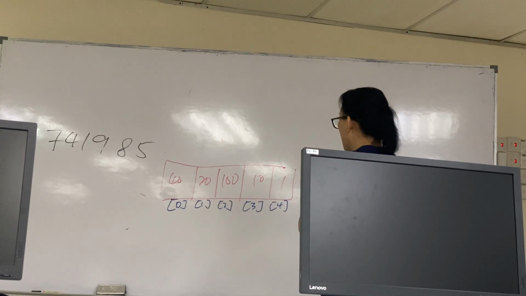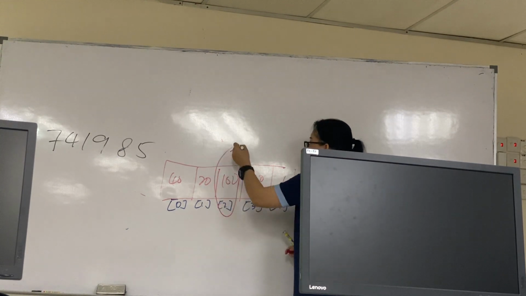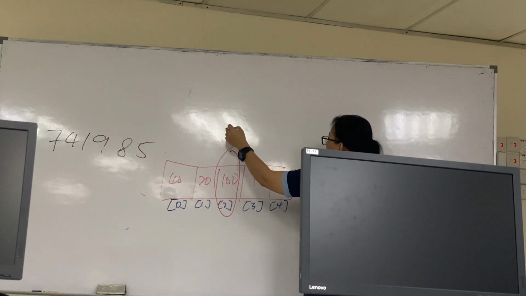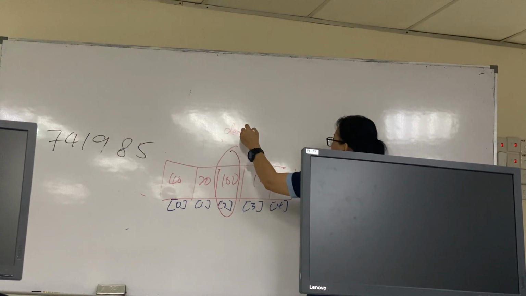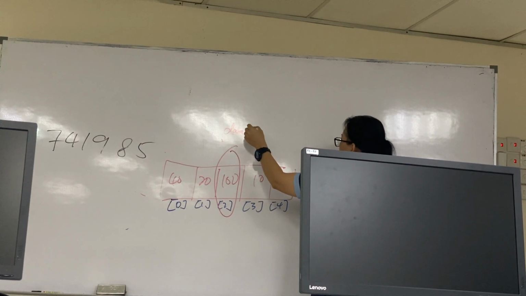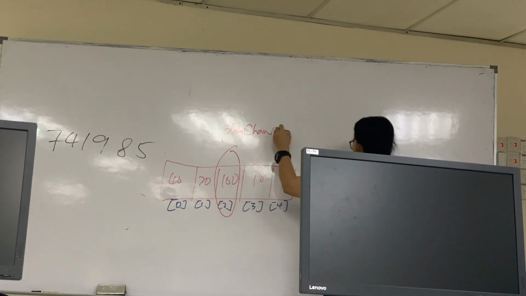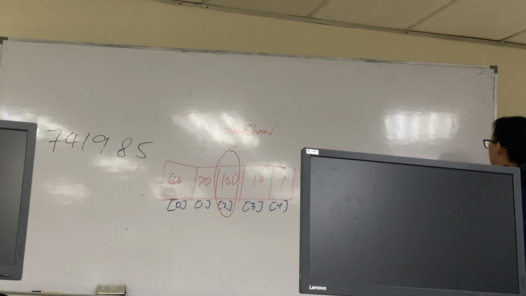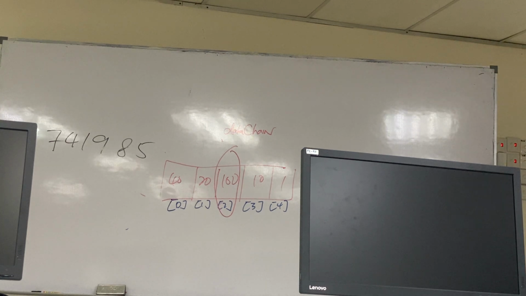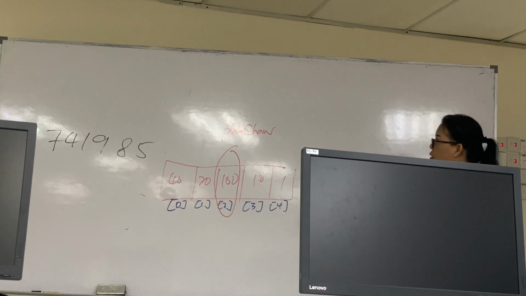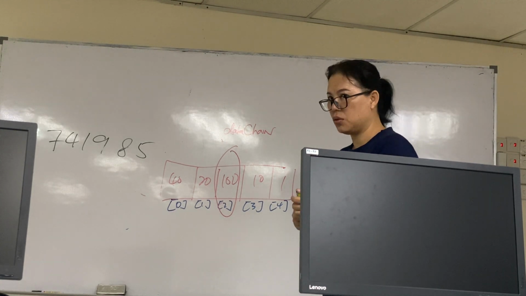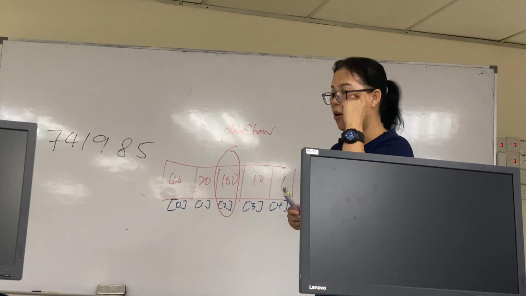You cannot say, oh, I want to delete this one. You cannot say pop data child, for example, then index 2 over here. You cannot do so. The pop function can only remove the last element from the array.